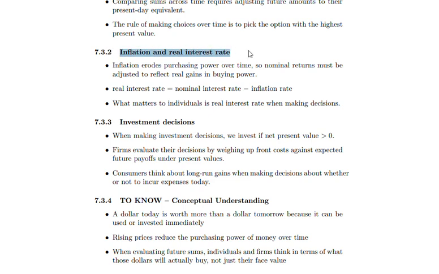So let's talk about inflation and the real interest rate. Inflation erodes purchasing power over time, so nominal returns must be adjusted to reflect real gains in buying power.